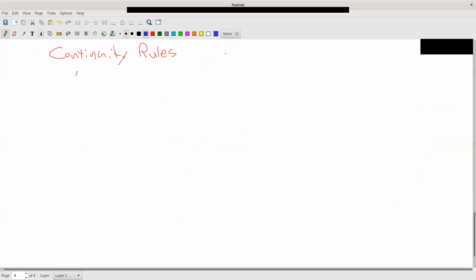So the first rule about continuity is that if we plug in some value, then we get an answer. Let's call it L. If we plug in and there's no answer, it's undefined, then we're done. There's nothing to do. Okay, so if we know that it has a value there, then 2, what we want to check is, does it have a limit?